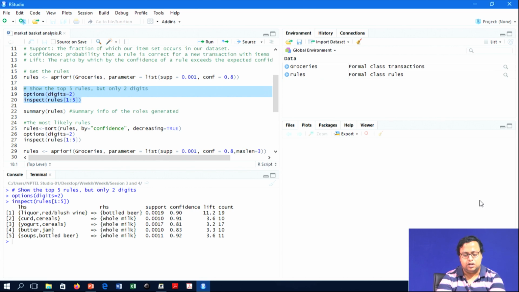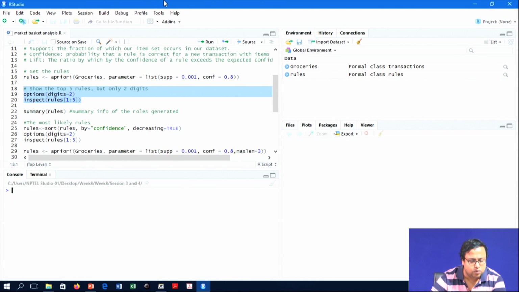That means, normally people buy whole milk, 0.91 divided by 3.6, this is the natural probability of buying whole milk. Similarly, 0.81 divided by 3.2 will also come to about 0.25. So, that is the natural probability of buying whole milk. So, 25% of the times people anyway buy whole milk. That is why the lift is not so high.